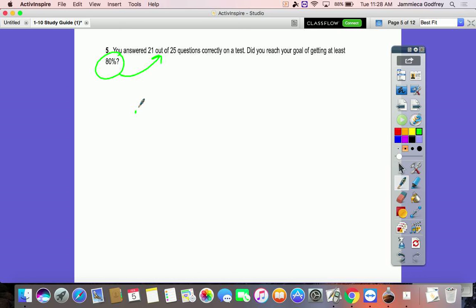So all you have to do is say 21, that is your part, over the total amount, which is your whole. And we're going to change this into a decimal and then into a percent. So at this time, this is when you pick up the calculator. 21 divided by 25, which will give you decimal 0.84, which is 84%.